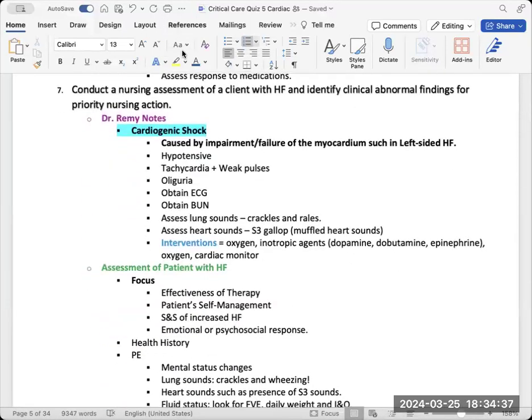The next question is to conduct a nursing assessment of a client with heart failure and identify clinical abnormal findings and priority action. So, a complication of heart failure could be cardiogenic shock. And cardiogenic shock is caused when there's a lack of perfusion due to impaired myocardial function, such as through left-sided heart failure.